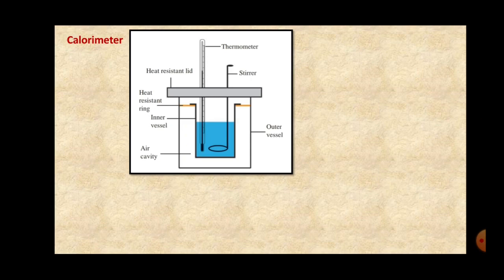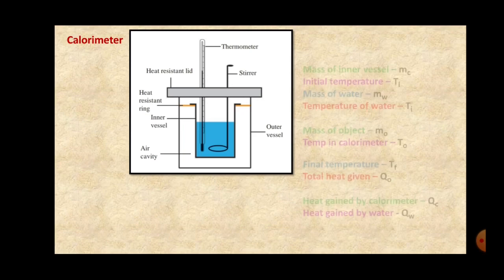Right? Now, as this calorimeter is thermally isolated from the surroundings because of these two vessels, the total heat lost by the object is equal to the total heat absorbed by the calorimeter and the water inside it. Okay, so this is how it works.